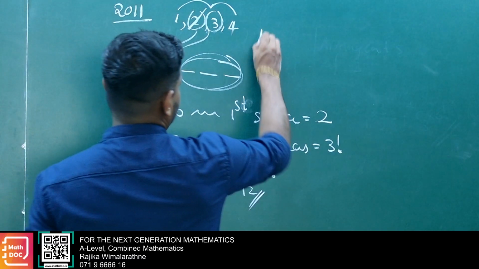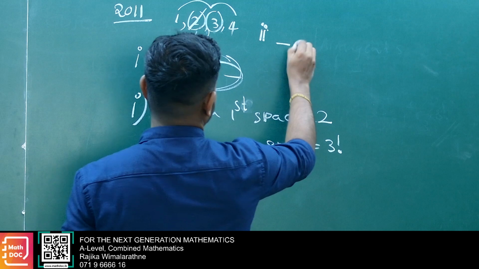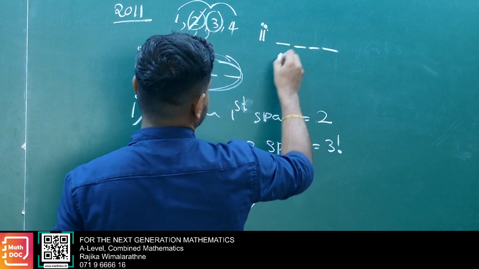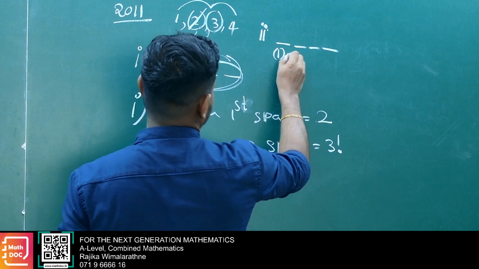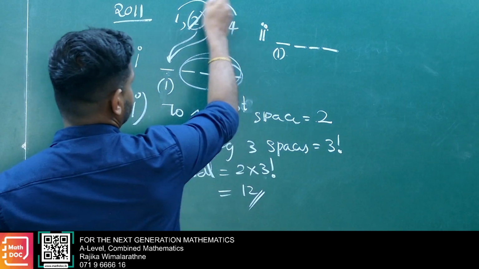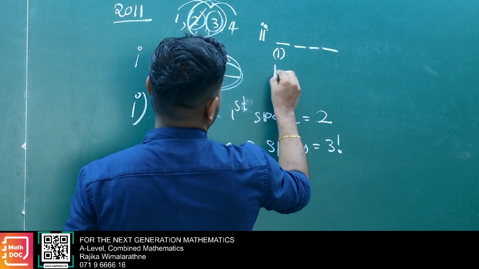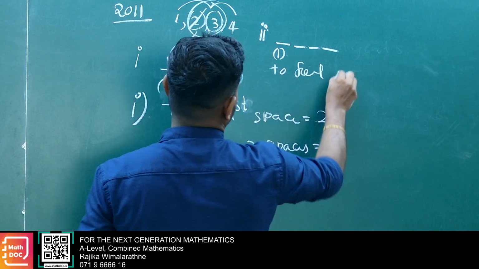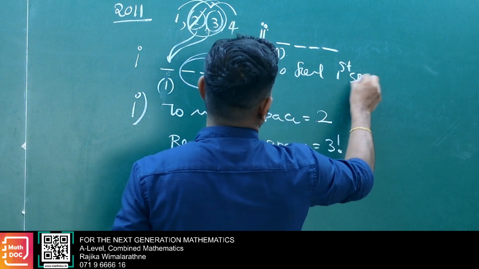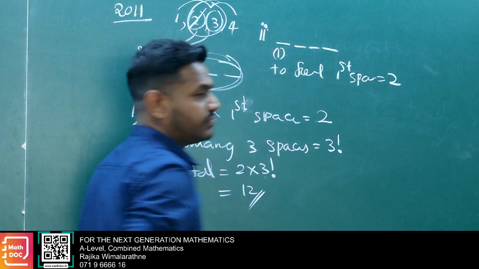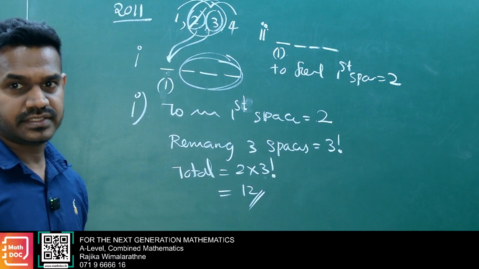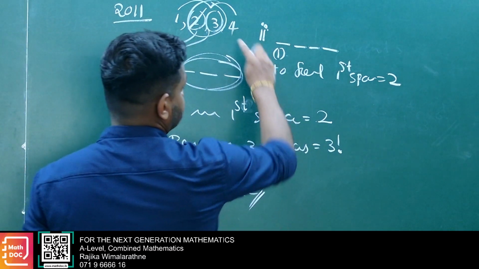If repetitions are allowed, here 3 spaces to fill after the first space. To fill the first space we have 2 ways.